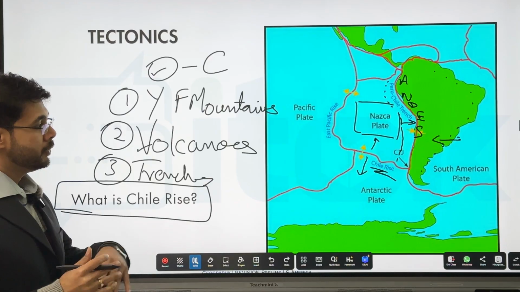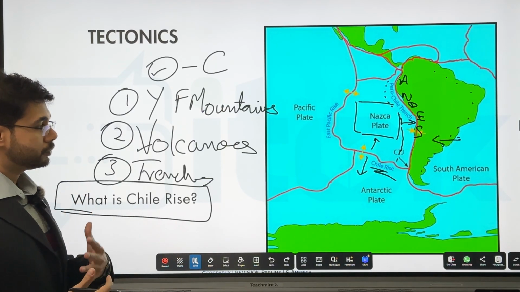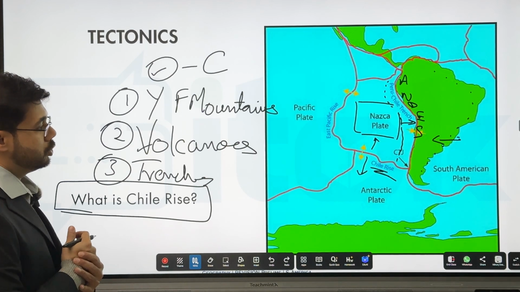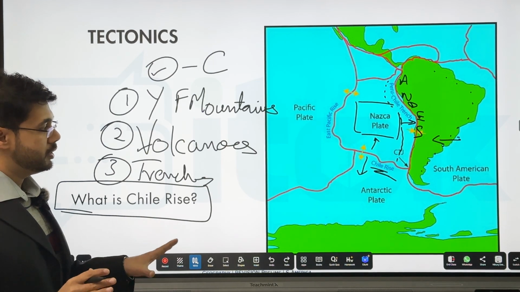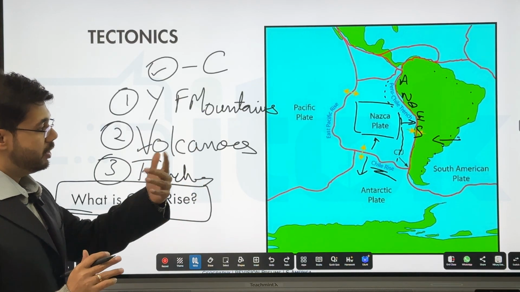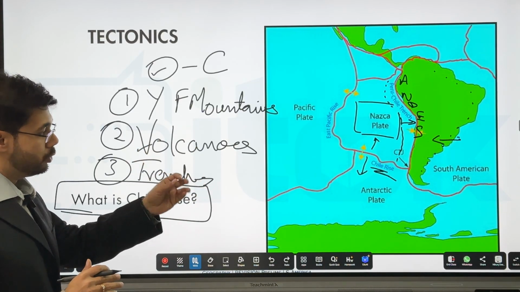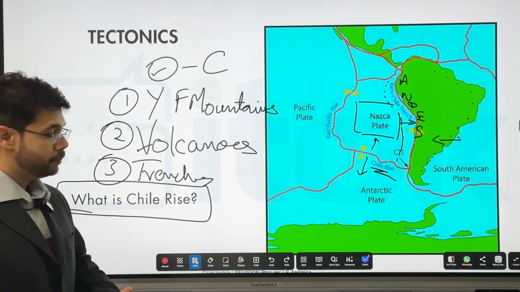It is important in geography that you keep on thinking, you keep on analyzing things. You must have never heard of Chile rise, you don't know what Chile rise is. I have told you this plate boundary and two plates with different arrows. I'm not even telling you what arrows these are. Think what is happening here and what will happen in future.